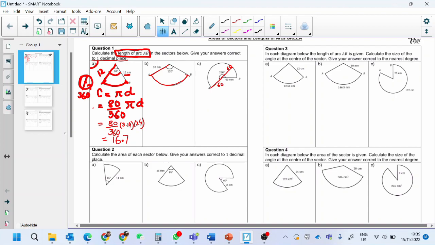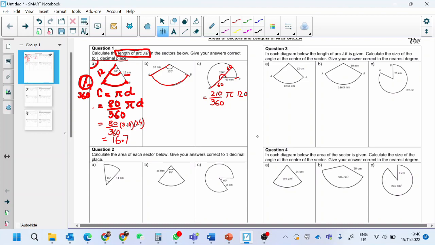The angle here is 210. So the length of this arc from A to B would be 210 divided by 360 times pi, and d is 120. You should solve this one.